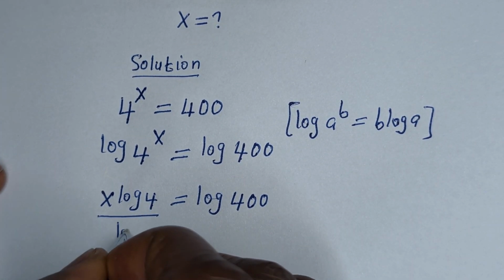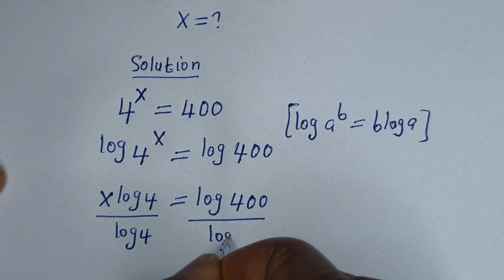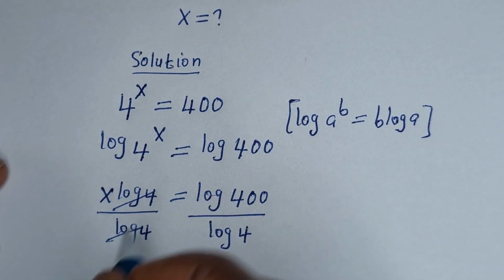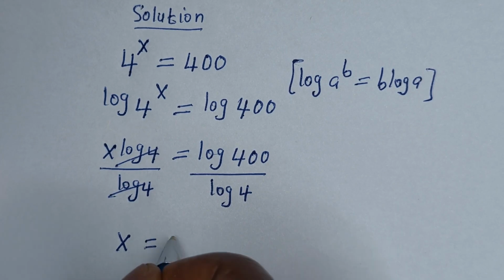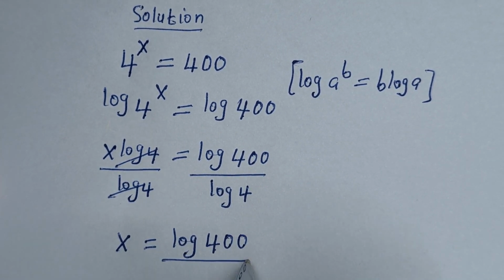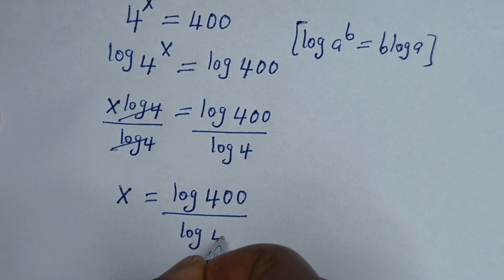This divided by log 4 and this divided by log 4. Log 4 cancels log 4. x is equal to log 400 divided by log 4.